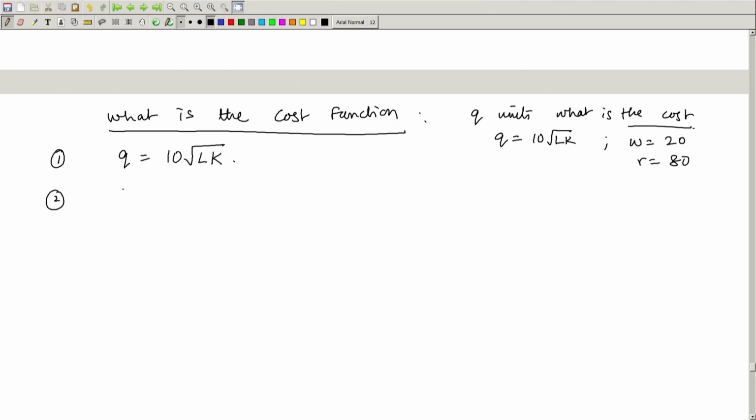The second condition is going to be the tangency condition, which says that MPL by MPK must be equal to W by R, which in this case is 1/4. Now, notice I have not changed the production function. My production function is still Q equals 10 times square root of LK. So, the MPL will not change.